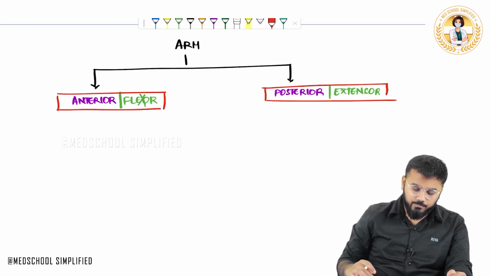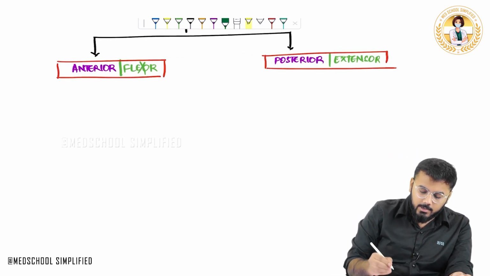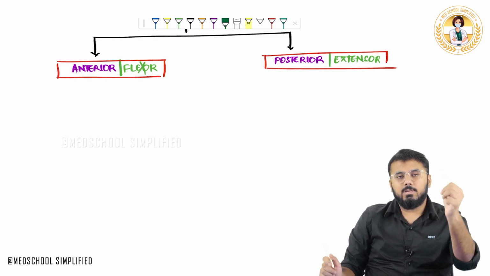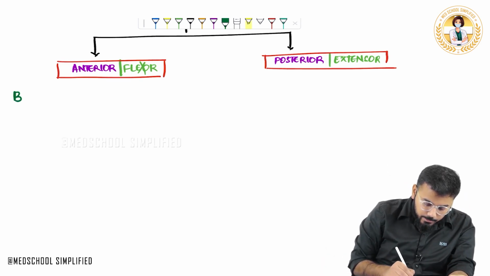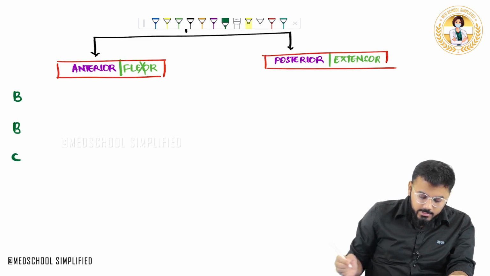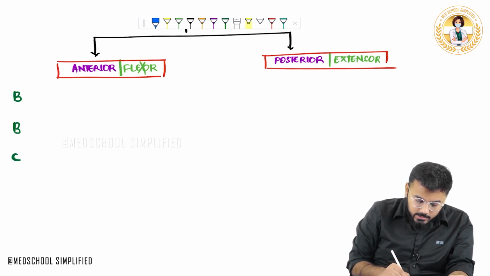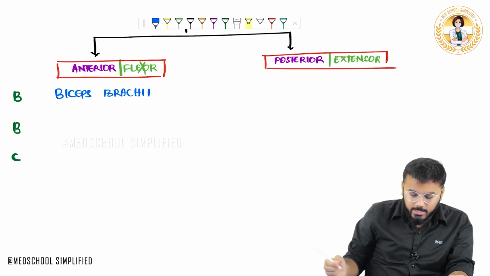Now, in this anterior compartment, we have three muscles. What are those three muscles? BBC. What does BBC stand for? B is the biceps muscle, that is your biceps brachii.